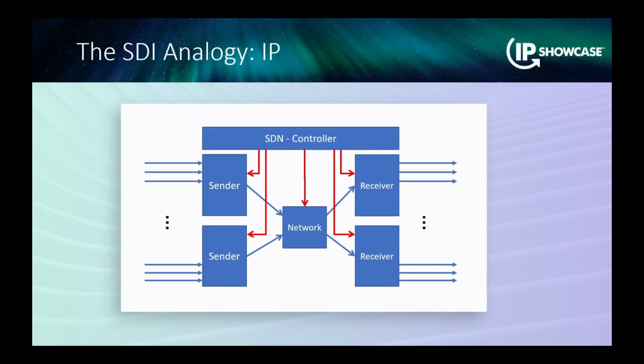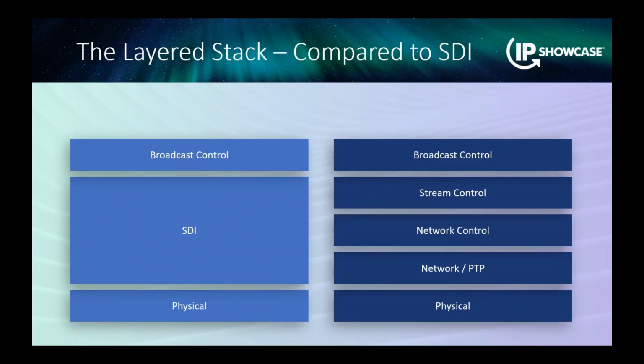So let's get to this layered stack. I said network engineers like to talk about things in layers because that's a good way to structure things and to get complexities under control. But also in the traditional SDI world, we didn't have so many layers, but you could think of it as layers, where you have your SDI router or equipment in the middle, and you have a physical layer because you needed cables anywhere, and something could go wrong with the cables.